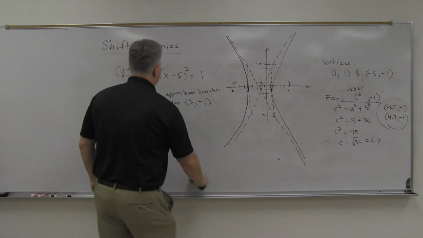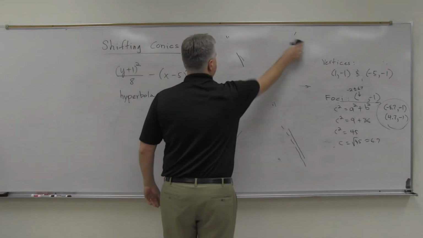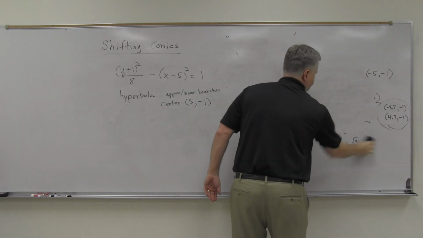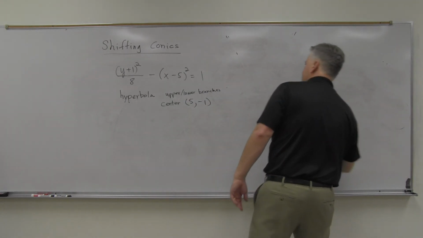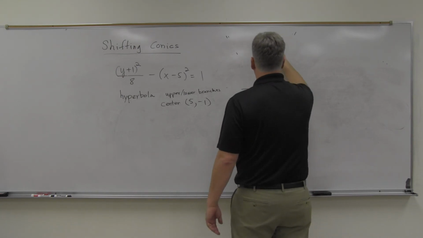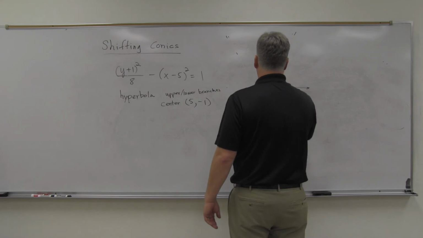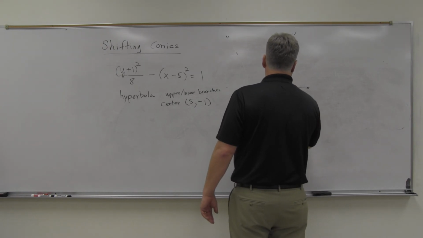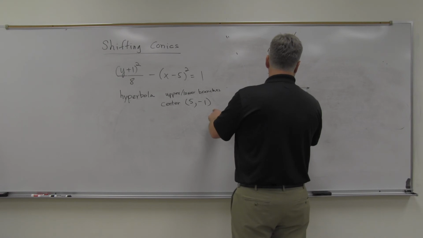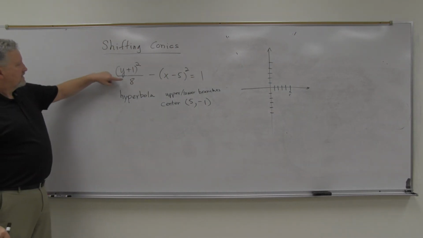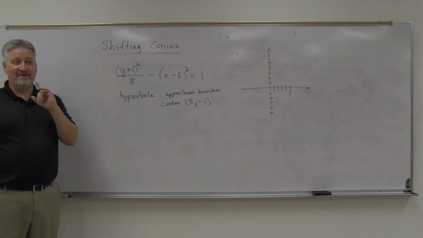All right. Now, graph-wise, we got this, find the center. Positive 5, negative 1, so there's my center. All right, so a couple of things.